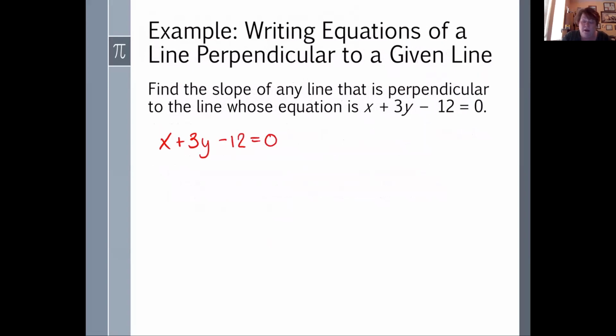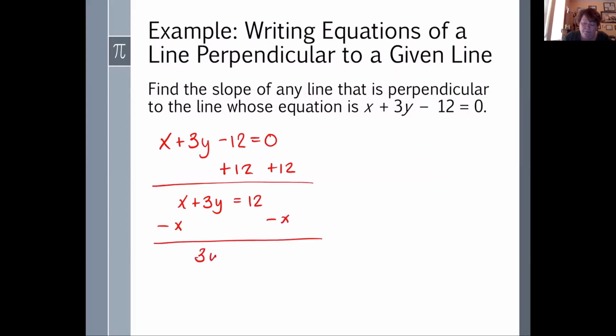I'm going to add 12 to both sides. I'm going to subtract x from both sides. I'm going to use the commutative property of addition to rewrite the right-hand side.